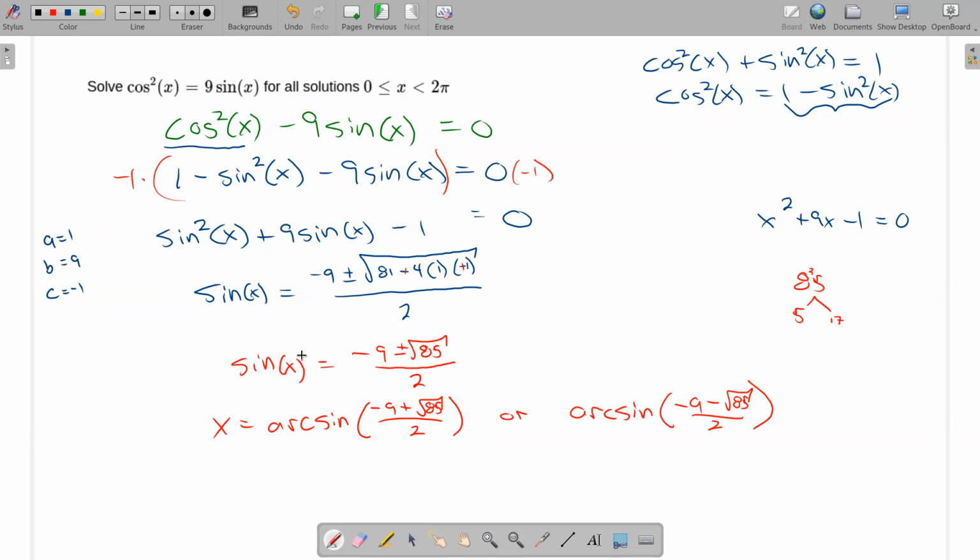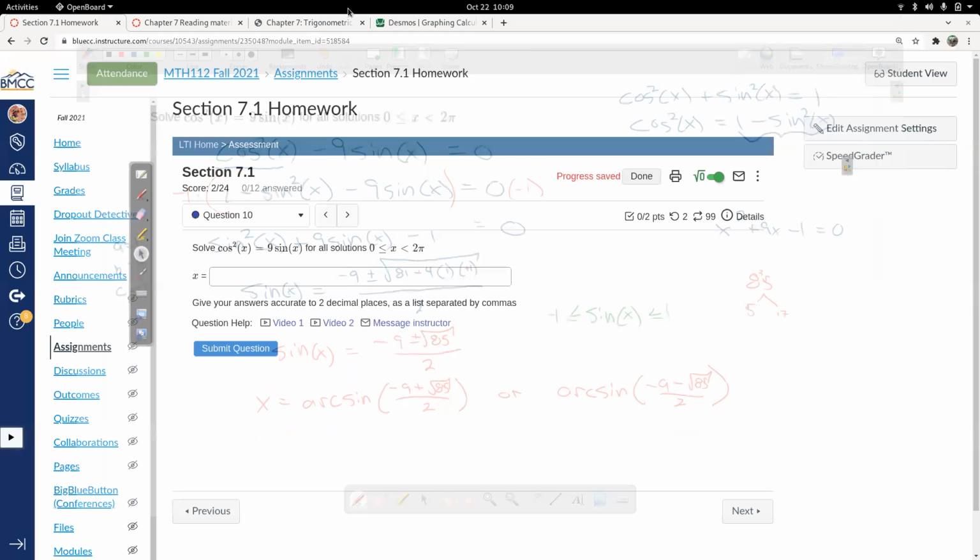And again, keep in mind the sine can only equal numbers between -1 and 1. So I got to check, are these outside of that range? So remember, the sine of x is trapped between 1 and -1. So if one of these solutions from the quadratic formula is outside that, then it's not helpful to us. So let's check, see what happens there.